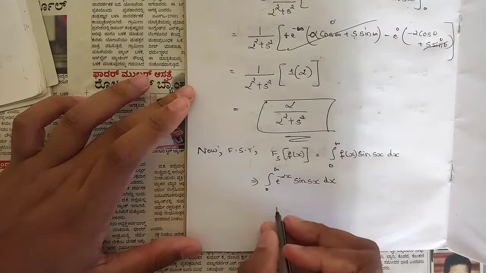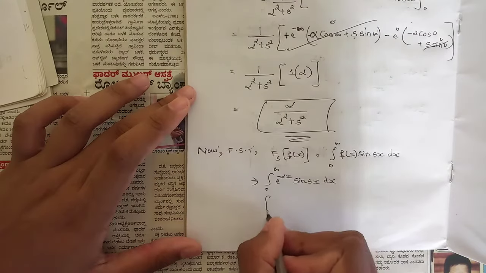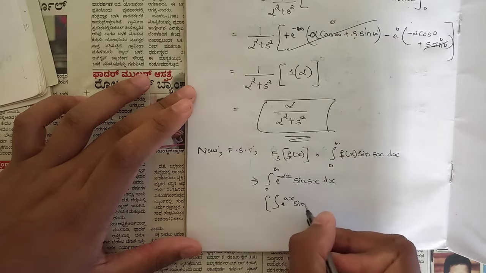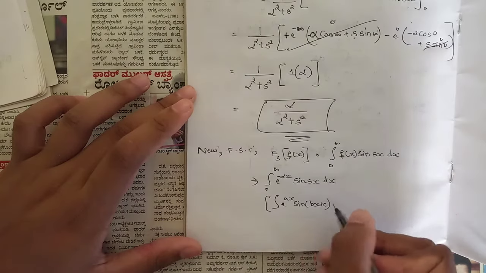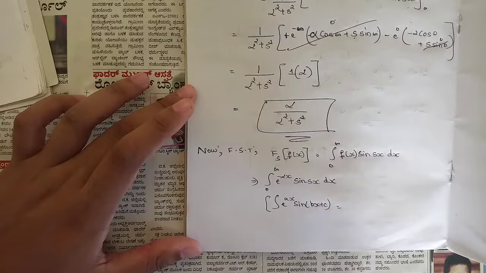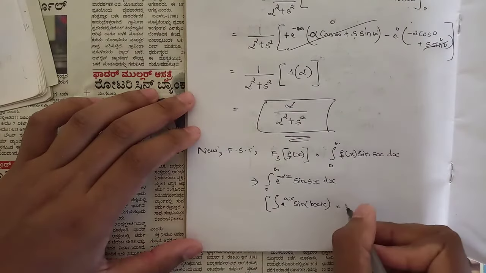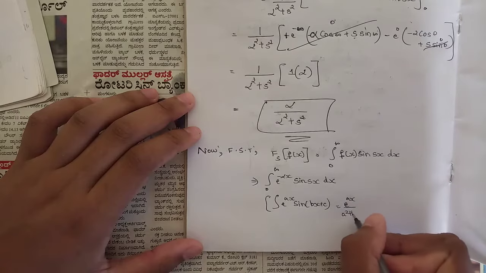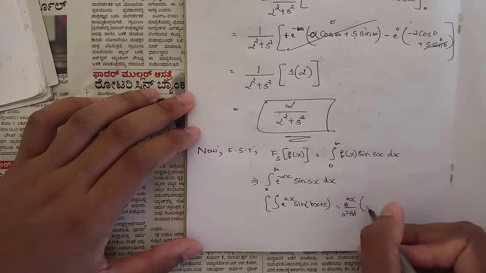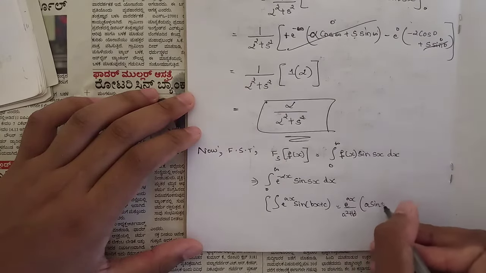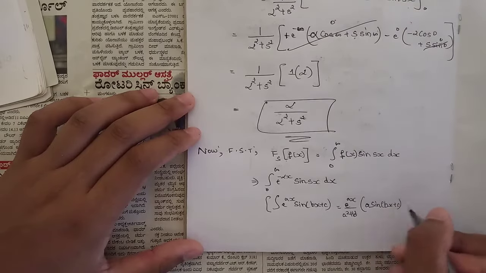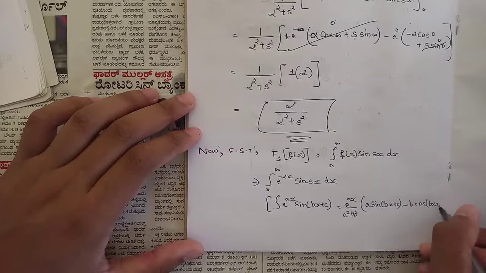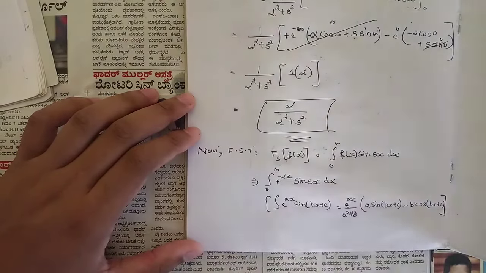So here again we have the formula for the integral of e to the power ax sin bx plus c, that is equal to e to the power ax divided by a square plus b square into a sin bx plus c minus b cos bx plus c.